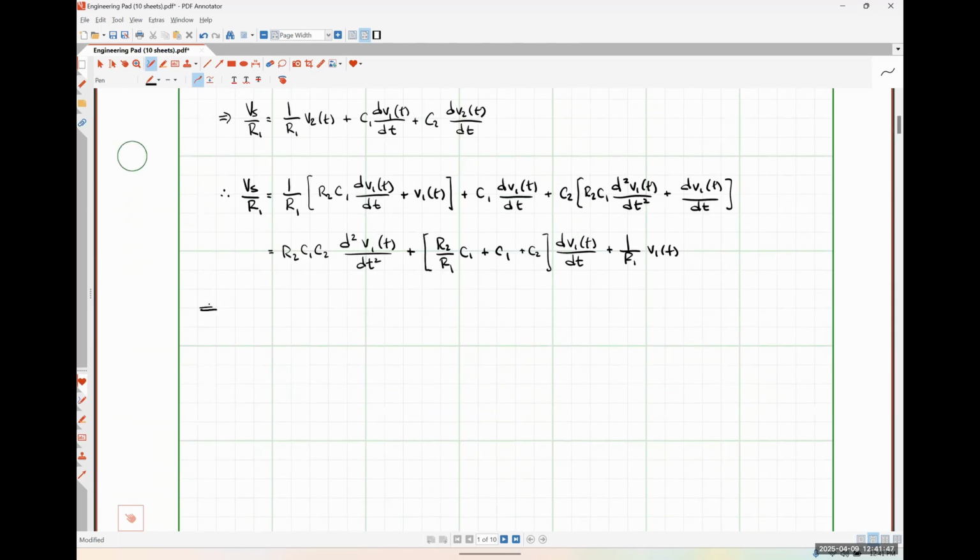So that's going to look like Vs over R1 R2 C1 C2 is equal to the second derivative of V1 with respect to time plus, so let's see here, I'm going to pull out a C1, then I'll have a 1 plus R2 over R1 plus C2, all divided by R2 C1 C2, multiplied by my first derivative.